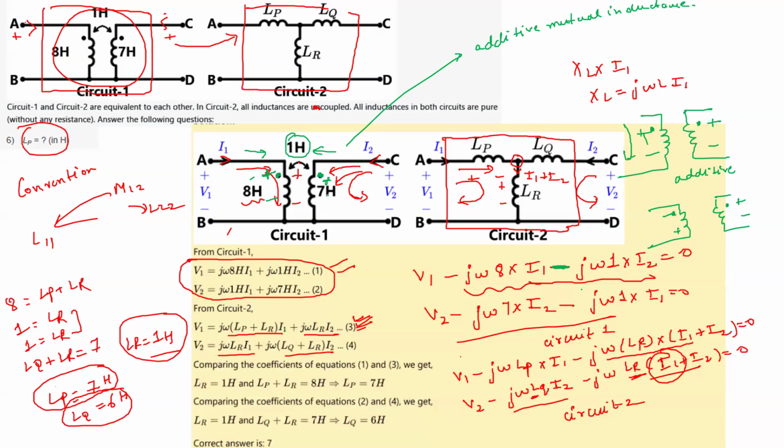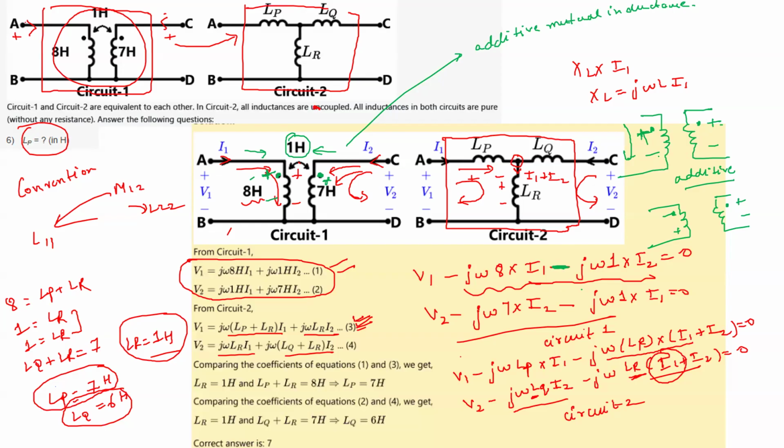Because of the I2 current, the mutual voltage is coming here. Mutual voltage polarity is what? Because it is dot additive, if the dot has plus, the dot should also have plus, and at the bottom it should be minus. So in the direction of current, the potential is dropping for this additive polarity of mutual inductance due to the current I2. That is why here it was minus.